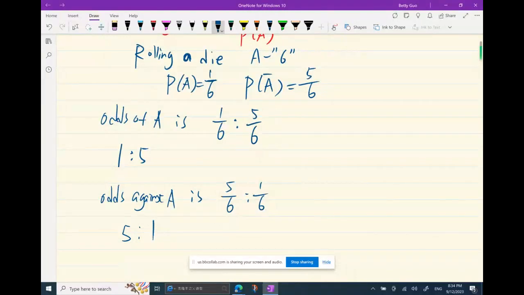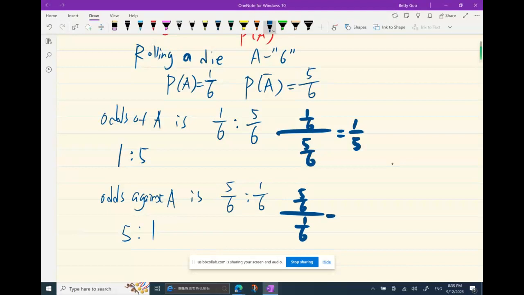But normally in our book, you probably want to write a fraction. So 1 over 6 over 5 over 6 is 1 over 5. And this one is 5 over 6 over 1 over 6 equals 5 over 1. You can just say 5 over 1.